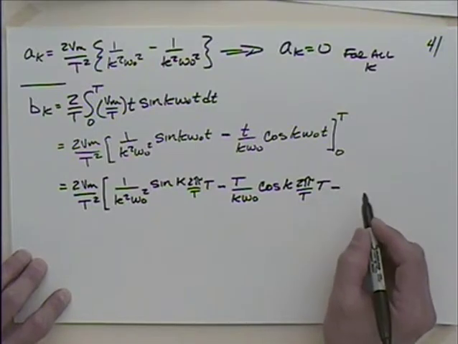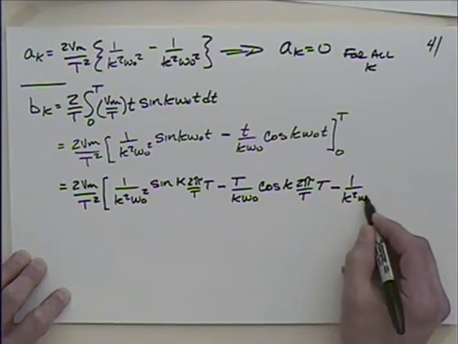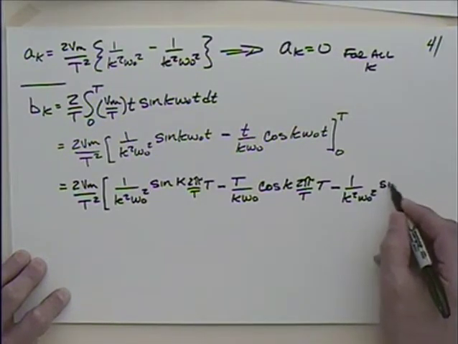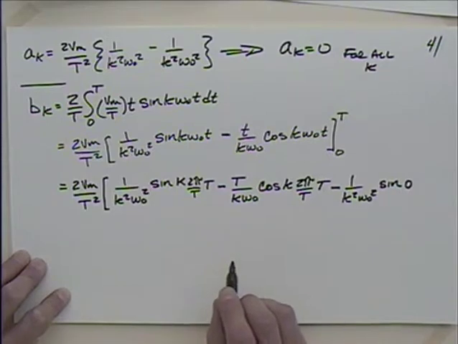I've got to subtract off the lower limit, so I have a minus 1 over k squared omega naught squared times the sine. When you put the lower limit in there, you get k omega naught 0, so it just turns out to be the sine of 0.